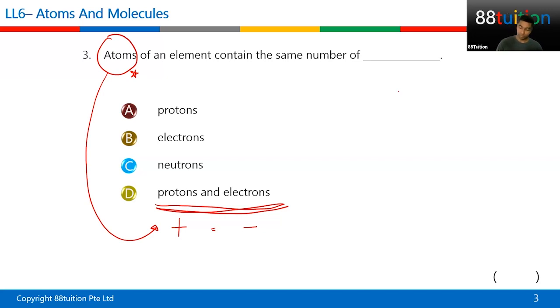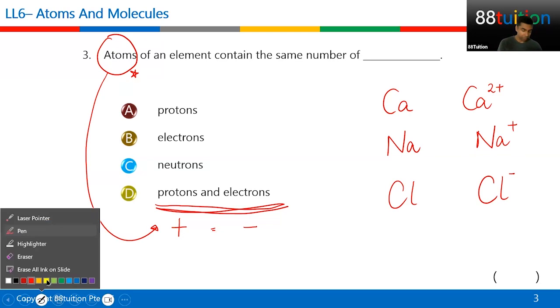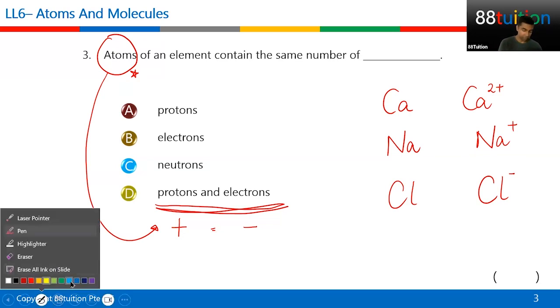Okay, so I mentioned to you, an atom looks like this, an ion looks like this. An atom of sodium looks like this, an ion looks like this. An atom looks like this, an ion of chlorine looks like this. So what happens is, this is when they form a partnership, because one is a plus, one is a minus.